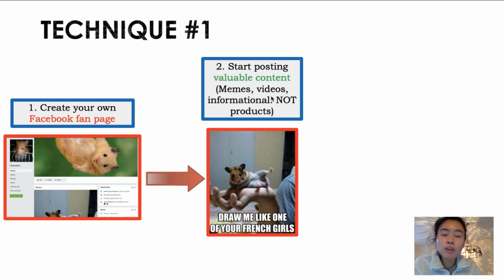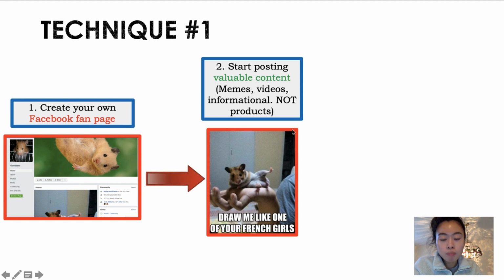Starting out in any niche, it's very important to first build out a passionate group of followers, a passionate group of fans before you even start selling them anything. And that is a very powerful technique that even experienced marketers struggle with because you really need a group of passionate people inside of your group before you start making money, okay? Money is always made in the back end and never in the front end. But here's an example, okay?